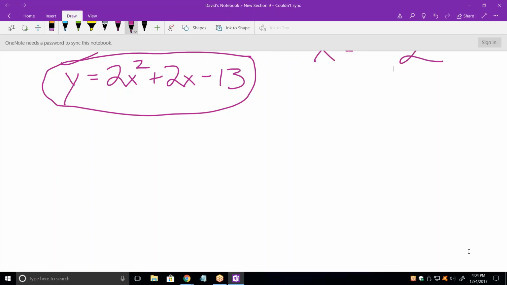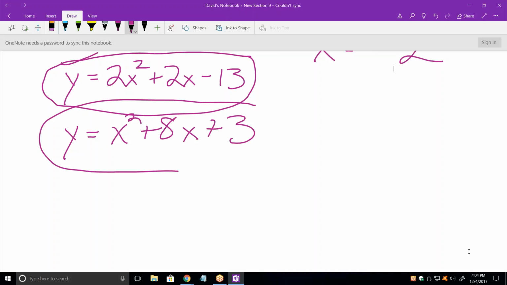Y equals x squared plus 8x plus 3. Now this one's going to be particularly easy because they gave us both equations fully solved for y. So now that y is equal to that y, what's the next line? We're substituting.